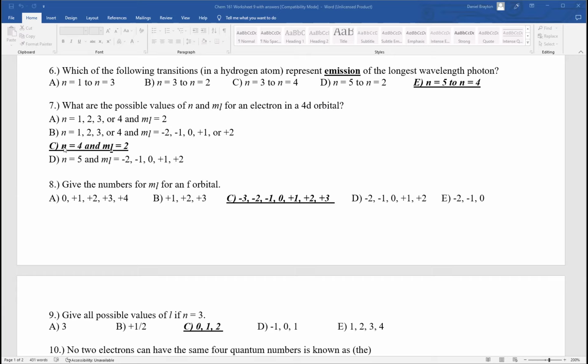So for 4d, n equals 4, right? Because you don't have d orbitals before that, and it's telling you 4 right there. So that one's sort of redundant. Then the m sub l is that second number, where right here it's just showing you all the possible ones.